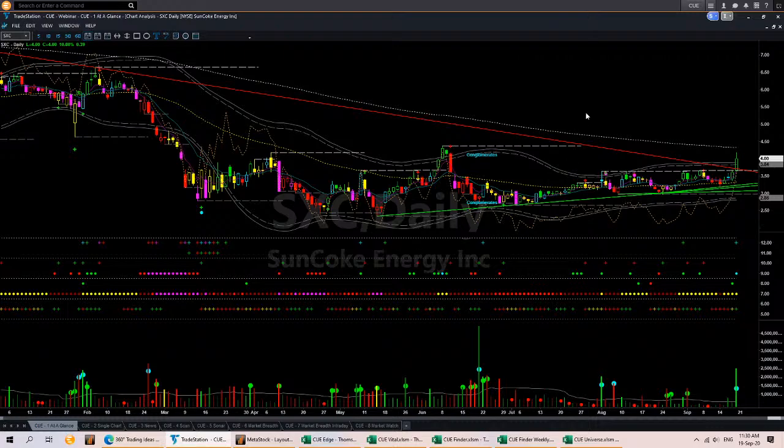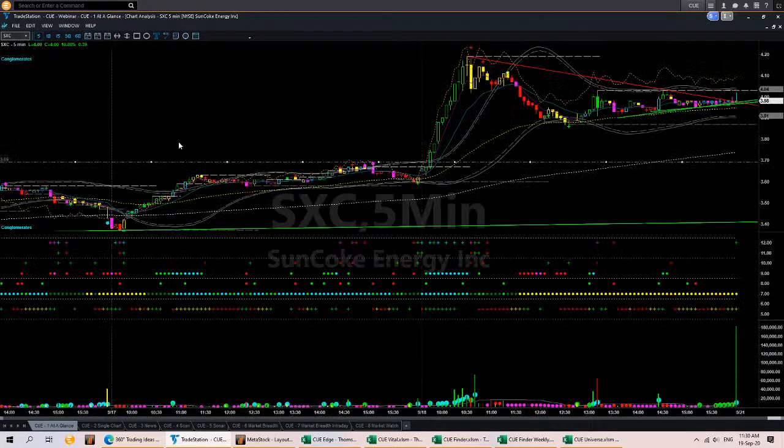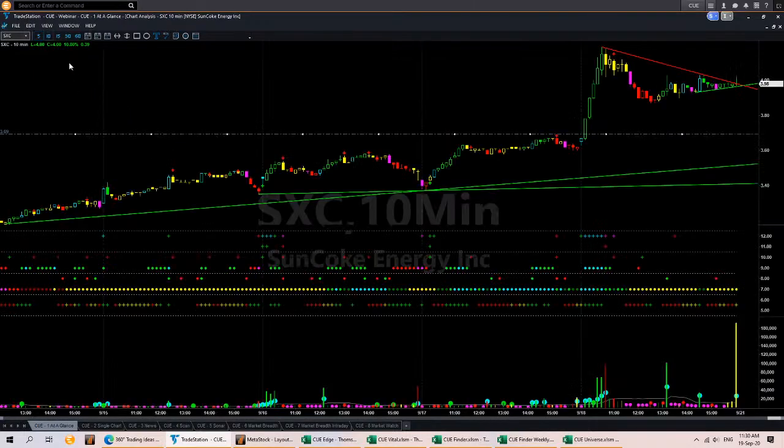Let's maximize the daily chart, and I'm going to first draw a line at the memory resistance level on the daily chart. That will be here. That was Friday's memory resistance on the daily chart, and then I'll switch the chart to 5-minute chart. In fact, I will change the template to fine-tune template and change the interval to 5 minutes.